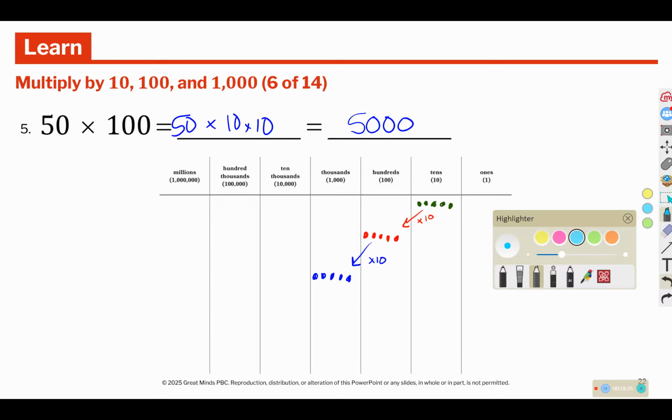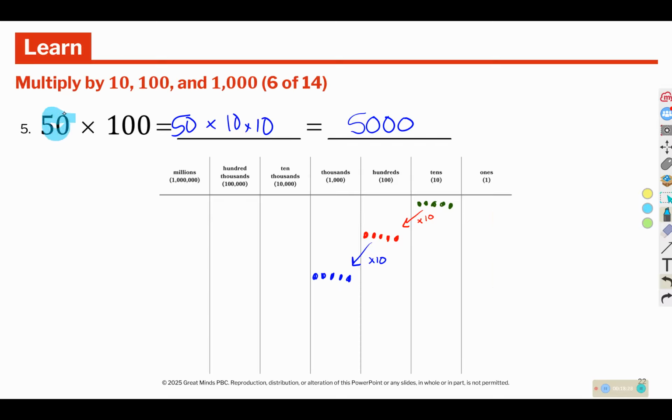Let's look at that pattern. 50 times 1 is 50. And then I have 2 extra place values, which you'll see here.